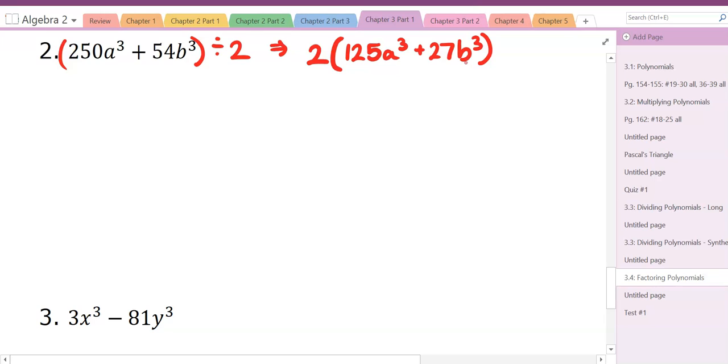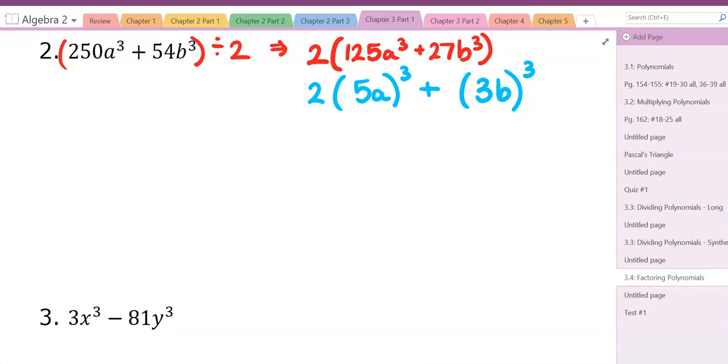The cube root of 125, which we did earlier in that first problem. What did we say 125 was? 5. So I'm going to rewrite this as 5a to the third. What's the cube root of 27? 3. So 3, and then b to the third.